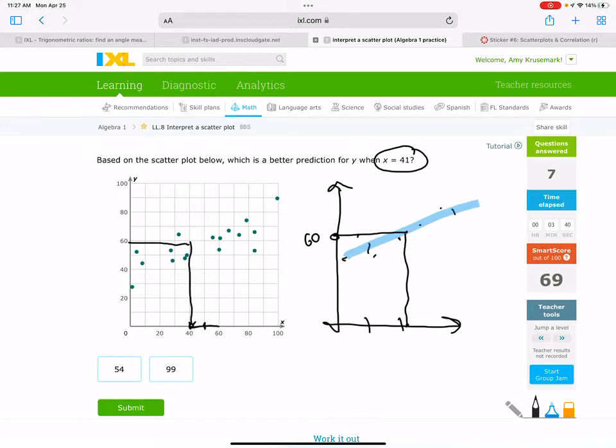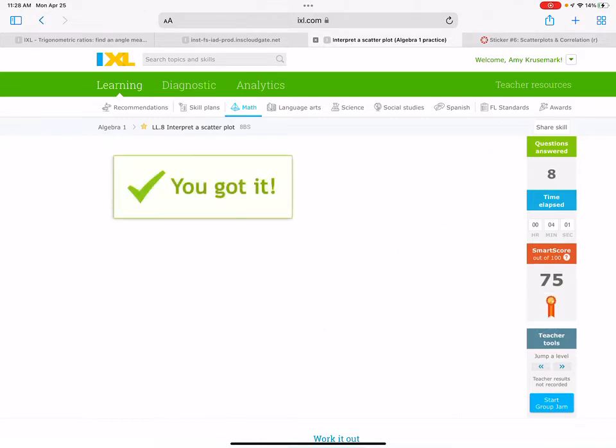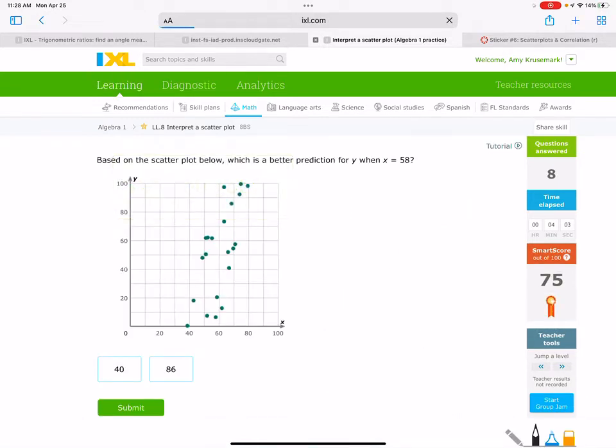I guessed around 60. So which number is closer to my guess? Definitely the number 54. So the coordinate 41, 54 is much closer than 41, 99. 41, 99 does not look like it is fitting with the rest of the data.